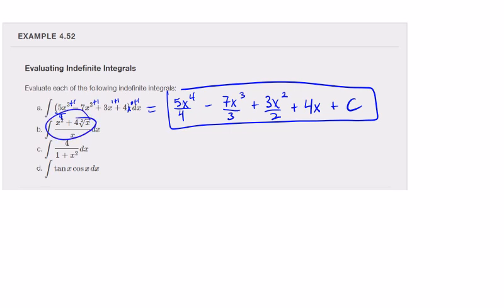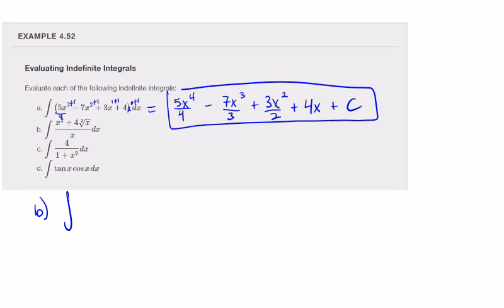The second one is a little bit tougher. We have a quotient, and because we don't really have a quotient rule for integrals, what I recommend is to split this up. There are different ways we could approach it, but for right now, let's just split this up.